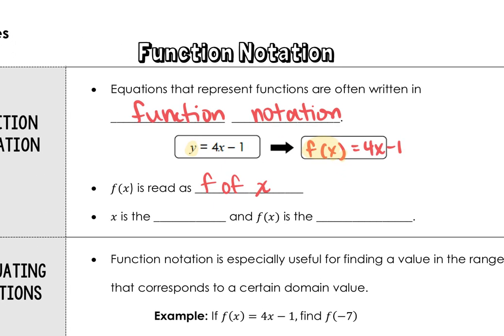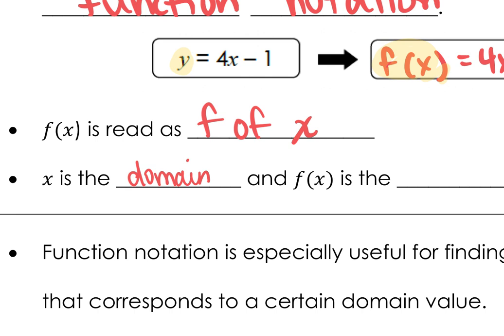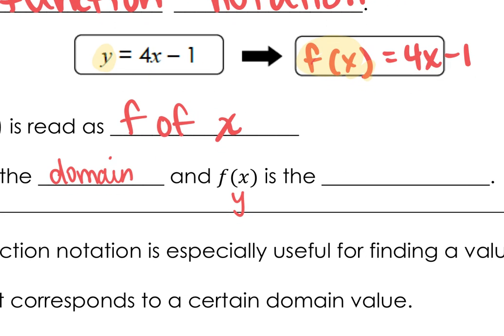The x, as always, is going to be the domain of our function, right? X values are domain. And this f of x, which again is the same thing as y, is just giving us the y value, which is our range value.